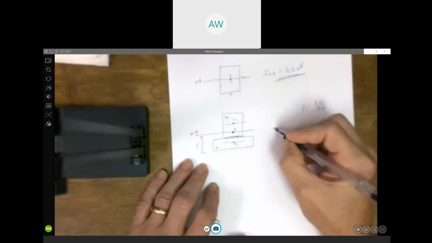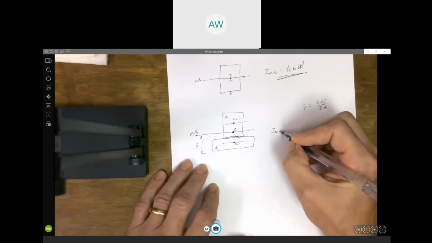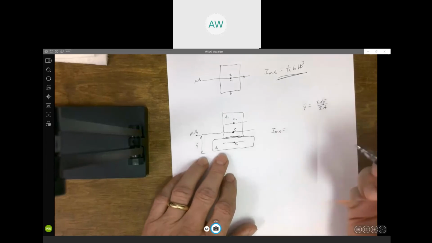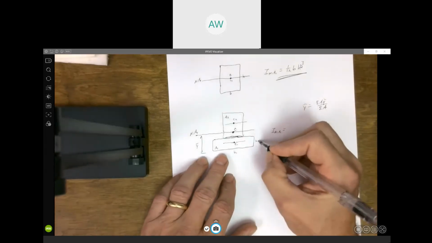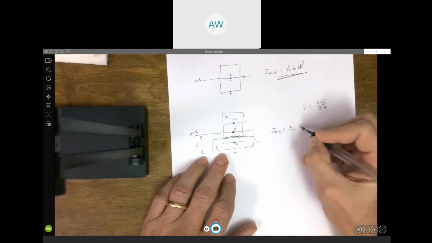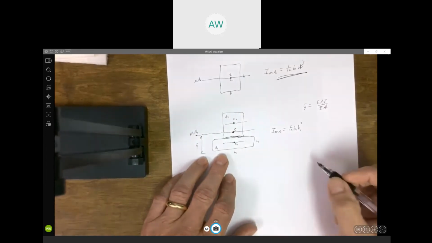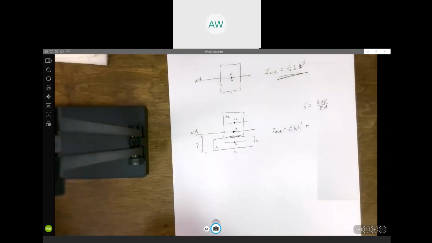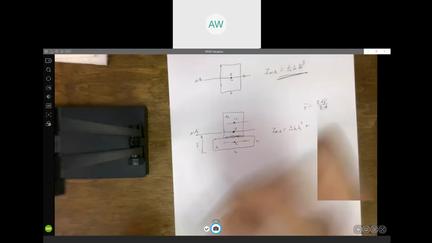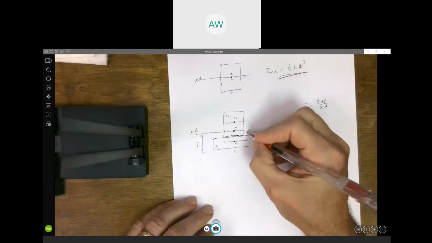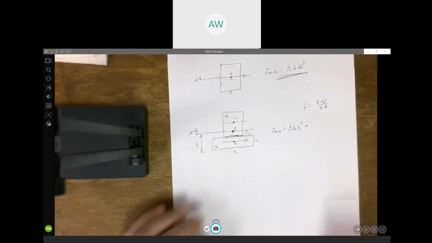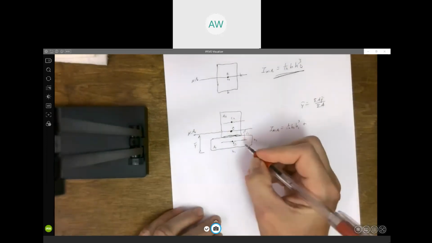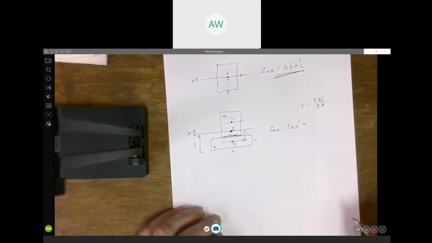So if we want to calculate the moment of inertia about the neutral axis, for area 1 we would do 1/12 base times height cubed for that rectangle. But this is some distance. That's what the d is: the distance from the centroid of this piece to the centroid of the whole thing.